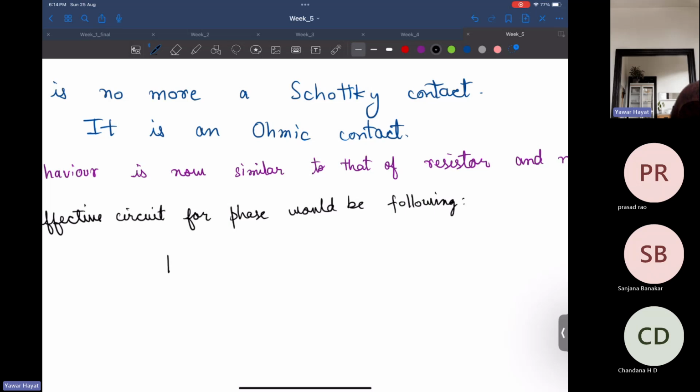You'll have this. This is your A sine of omega t plus 10, which is nothing but an input.